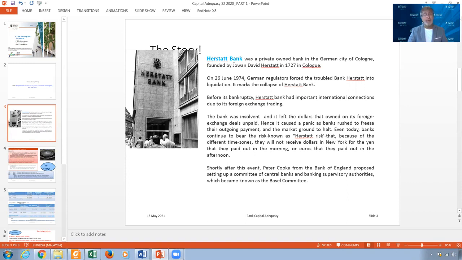This happened from 1974 until 1989. So before 1989, every bank had to apply 6%. But then in 1989, the Japanese came into the picture and said, when you are asking for 6% capital to buffer all those risks of transactions, my risk is different from European banks, from American banks.